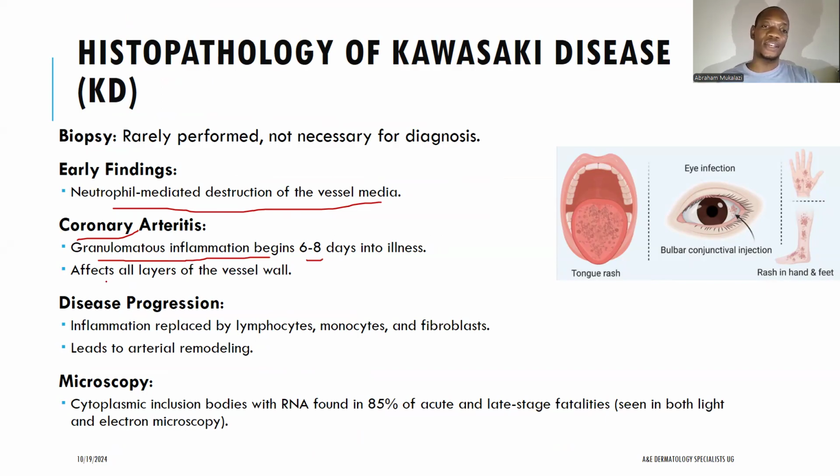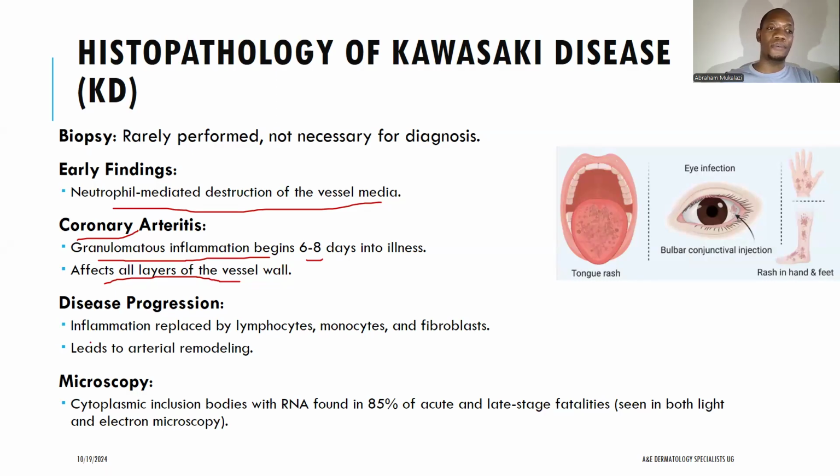So if you take a biopsy within day 2, day 3, you may see little or even more changes. Then it will usually affect all the layers of the vessels, starting from the intima, the media, and the endothelium. All the layers are usually affected.